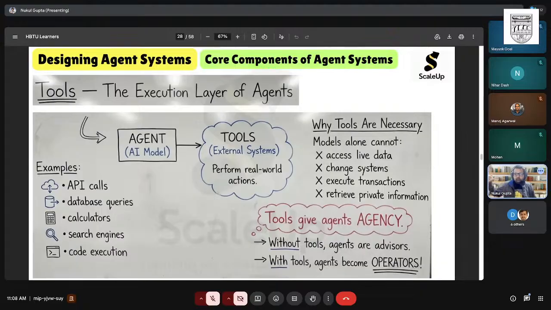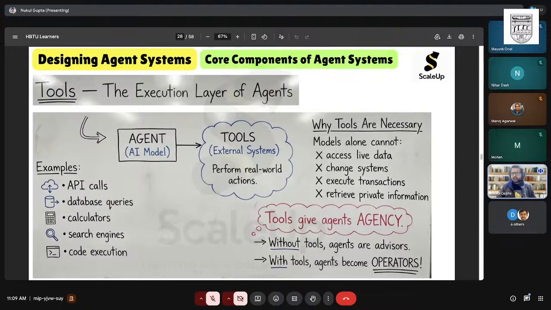Others are database queries, calculators, functions, and search engines. This is very powerful, because the LLM cannot search, so for a search engine we have to do the crawling as a third party tool. Code execution, all that will be done by the tools.